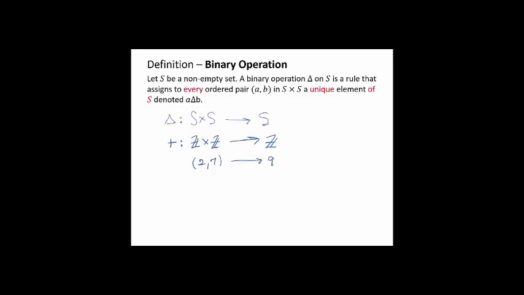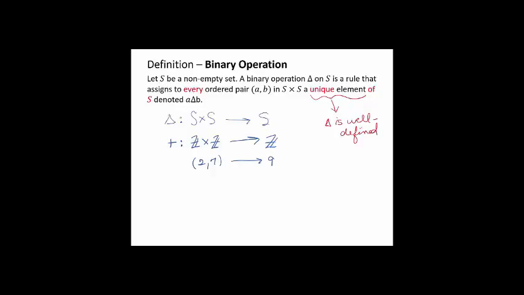Addition is a binary operation on Z. The fact that it produces only one element of the set, another way to say this is that the operation delta is well defined.